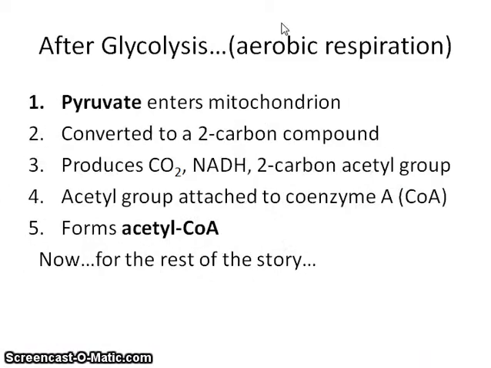But after glycolysis, pyruvate enters the mitochondrion, and then through a series of reactions, it makes this compound called acetyl-CoA. I don't need you to analyze these processes and understand what happens, but I have to go from pyruvate to acetyl-CoA to go on to the next phase.